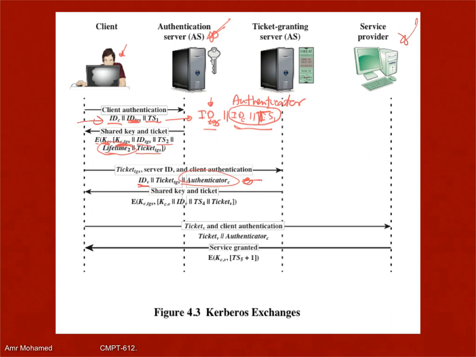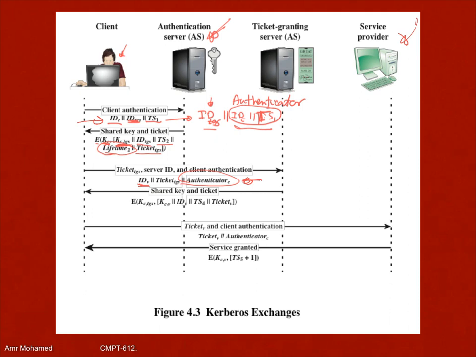The authenticator is something that represents myself, and I know the content. So I can present this to the TGS server using the shared key. And I'm presenting the ticket to confirm that this is really my identity. I'll tell you why. Because I can get this ticket and replay it, but will I be able to authenticate myself to the TGS server? No, because I don't have the shared key.